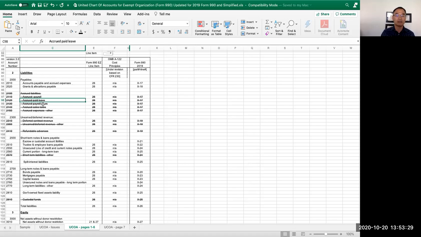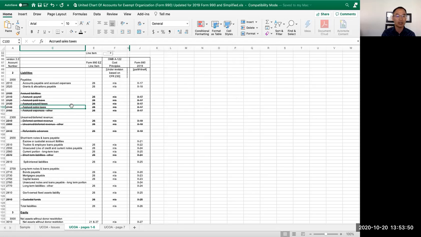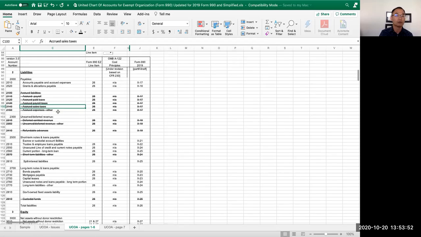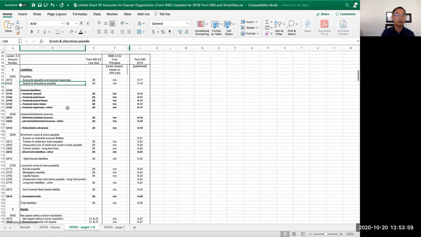And then even in the year end, strictly saying according to GAAP, you want to book accrued payroll, but for most of the organizations, it's fine, it's just a one-year trade-off, it's not much difference. So I say simplify it, why bother to book it and then reverse it, okay? So I just put it this way, and the grants and allocations payable, we still put it in there.